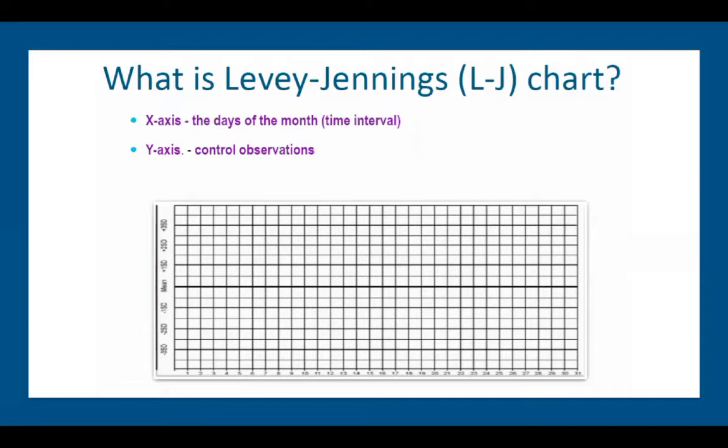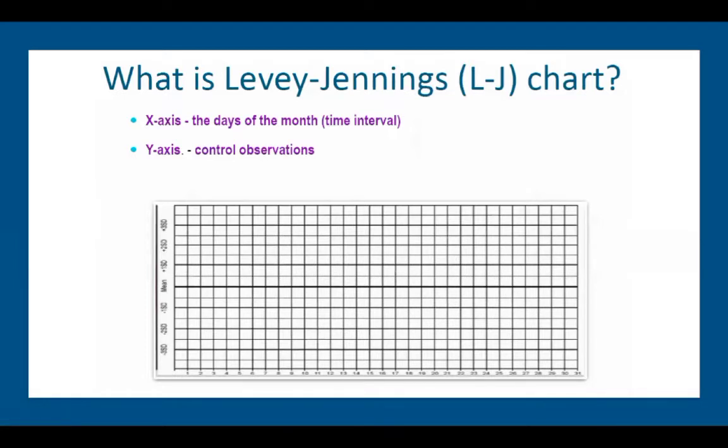So now we discussed this mean, SD, CV. They are not sufficient to decide whether the result on a particular day is acceptable or not. So what we need to do? We need to develop Levey-Jennings charts.